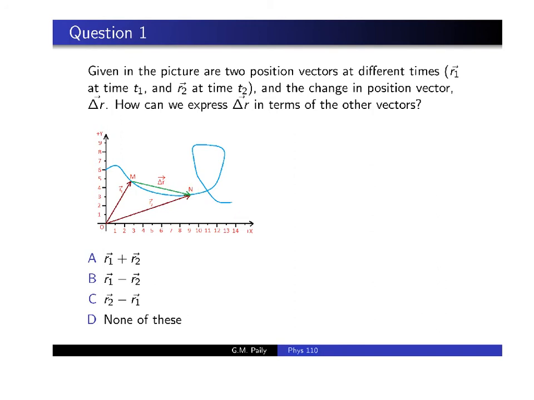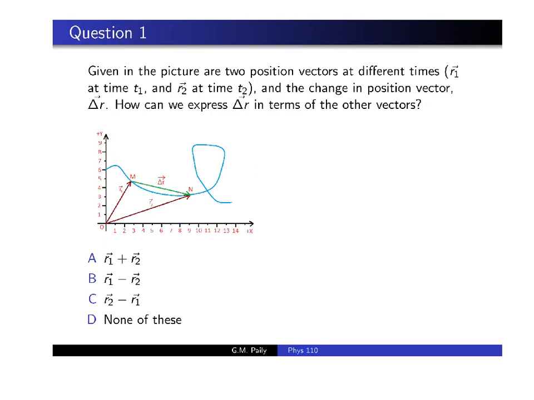So, just reading the question. Given in the picture are two position vectors at different times, r1 at time t1, r2 at time t2. Those are just details you don't need to pay too much attention to. And the change in position vector is delta r. How can we express delta r in terms of the other vectors?